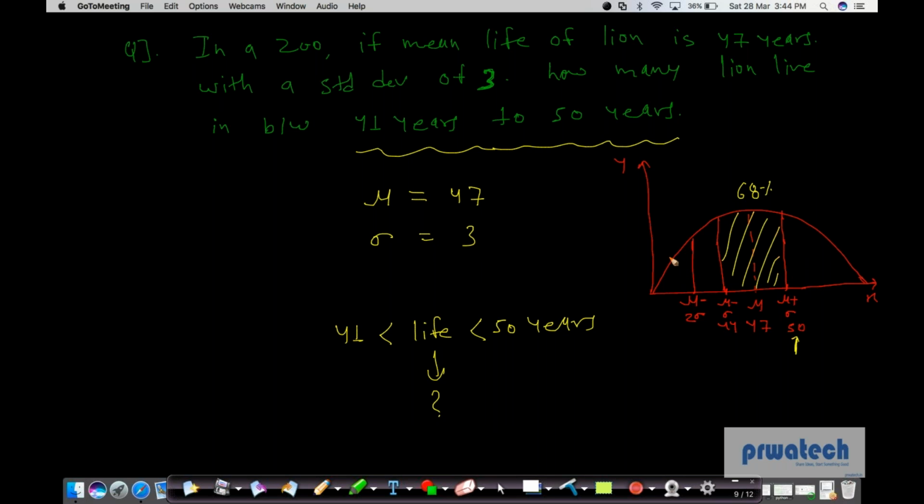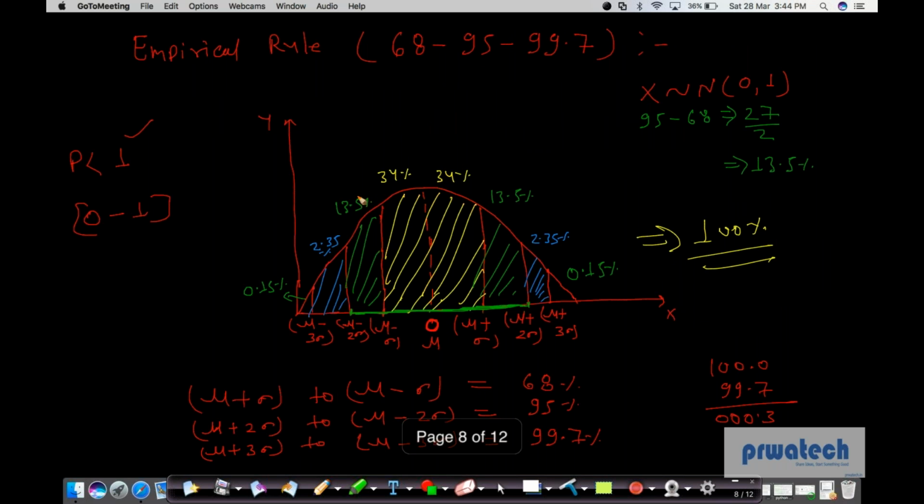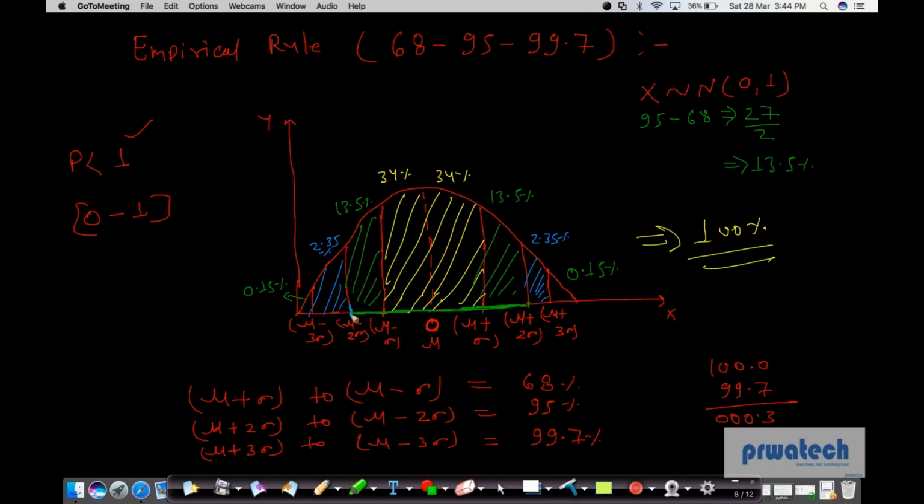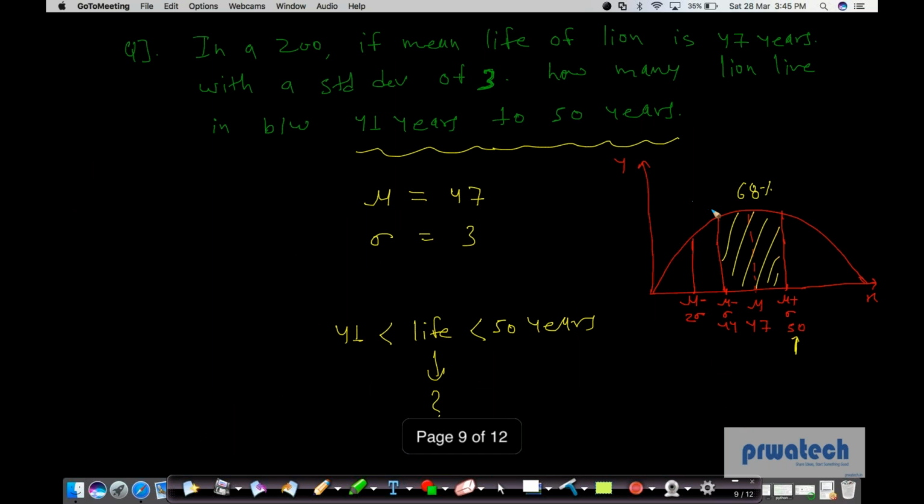How much is this area? What is the value from this point to this point? You just need to write the percentage here. 13.5%, right? This is 13.5. So this is 68%. This is 13.5%.